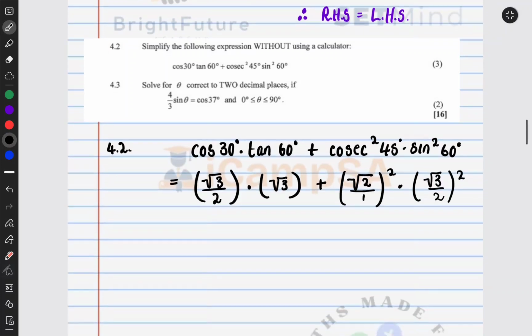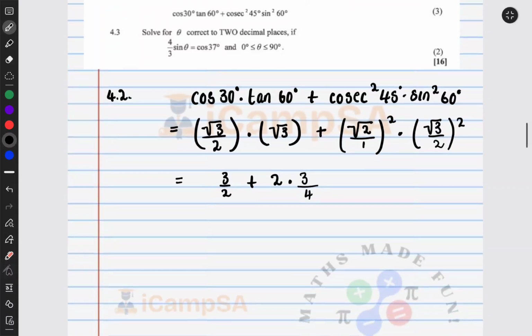This is equal to root 3 multiplied by root 3, which is 3 over 2, plus root 2 squared which is 2, multiplied by root 3 over 2 squared, which is 3 over 4.